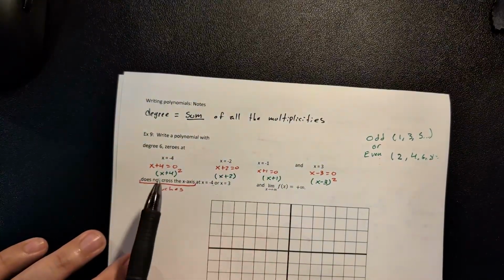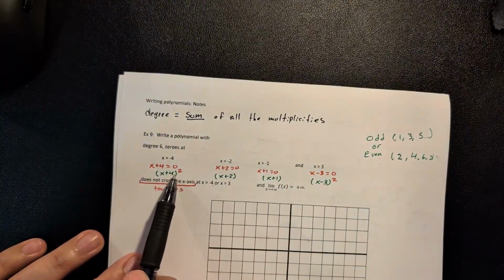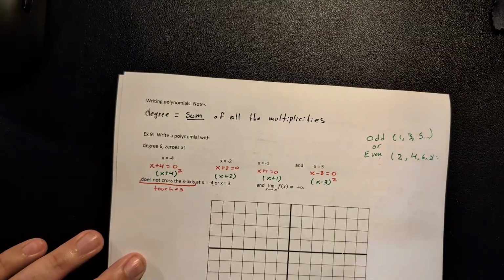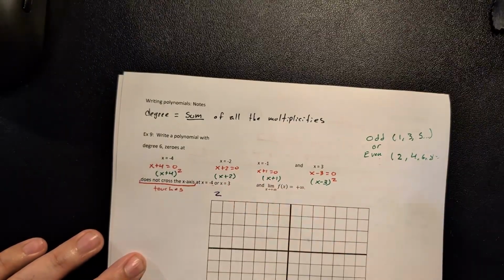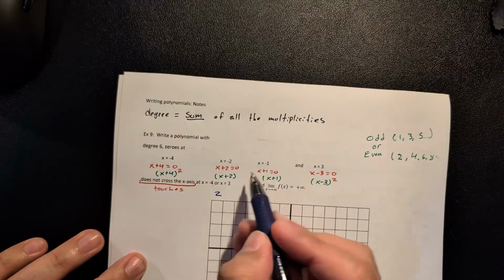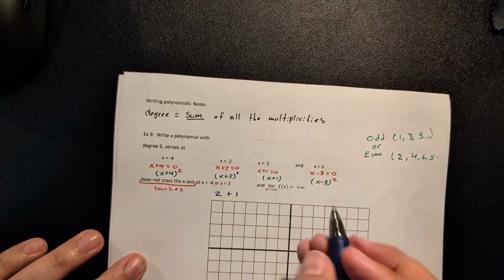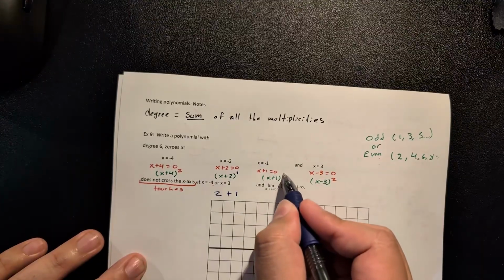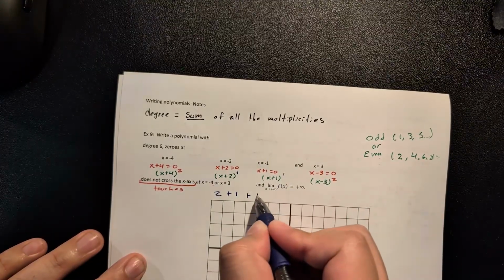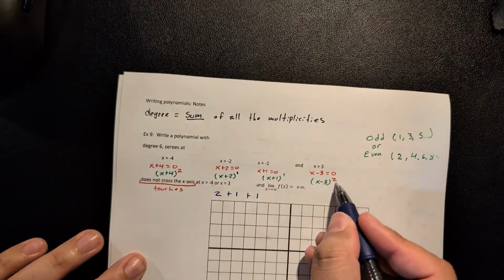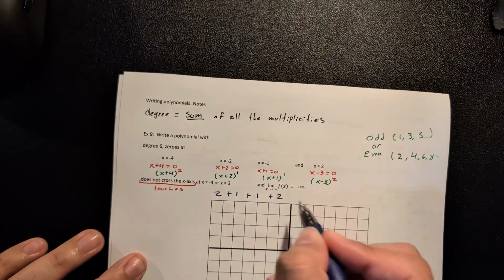So here, what is the multiplicity of this? 2. What is the multiplicity of this? This is an invisible 1, so we're going to do +1. The multiplicity of this one, 1. And then the multiplicity of this one, 2.